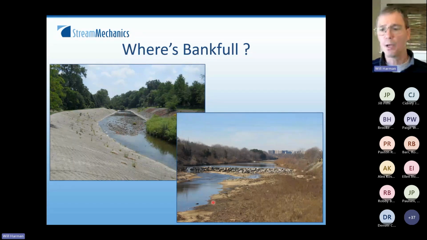They require maintenance. In this particular example, they have not maintained it for a while, and so there is a bench that is beginning to form. So you might have a bankfull indicator here, but it would be one, again, that you would need to verify in order to use.